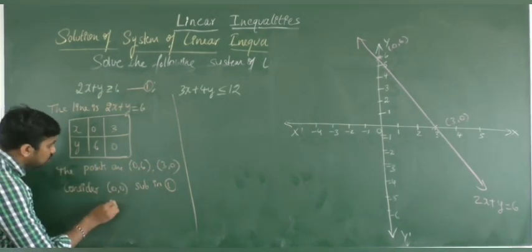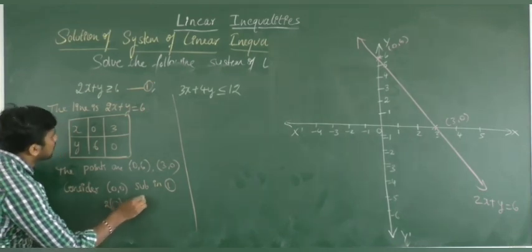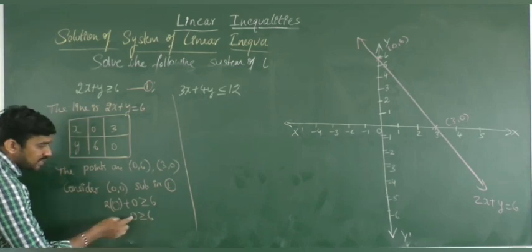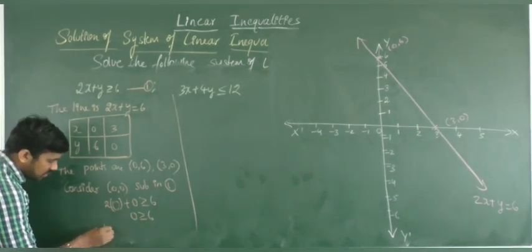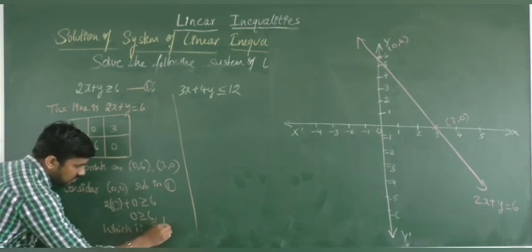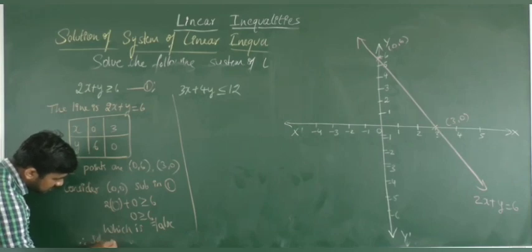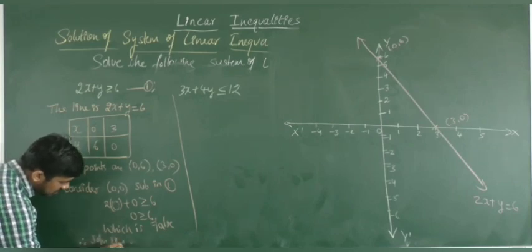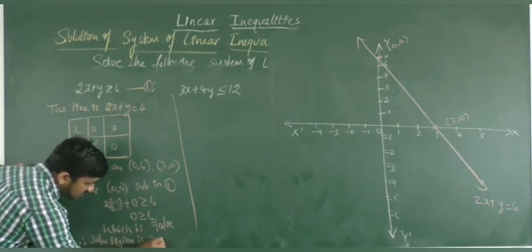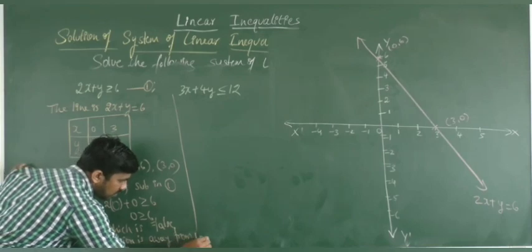So what will we get? 2 into 0 plus 0 greater than or equal to 6. So 0 greater than or equal to 6. Is 0 greater than or equal to 6? No, which is false. So directly we can say the solution region is away from the origin.